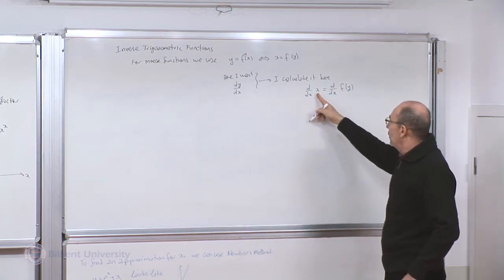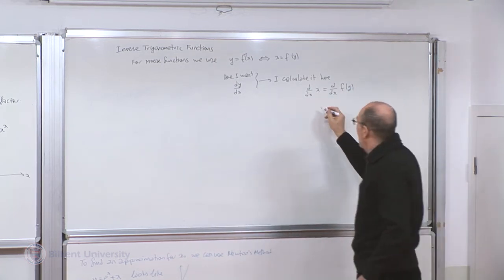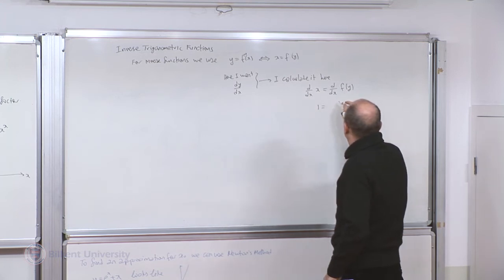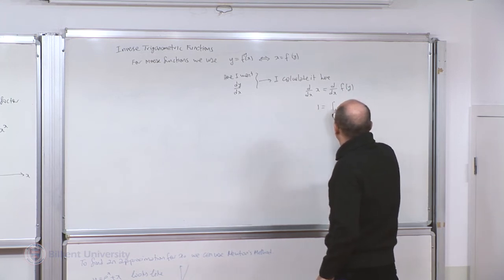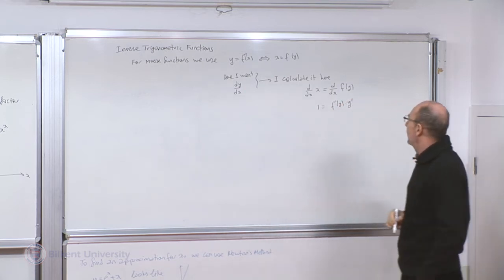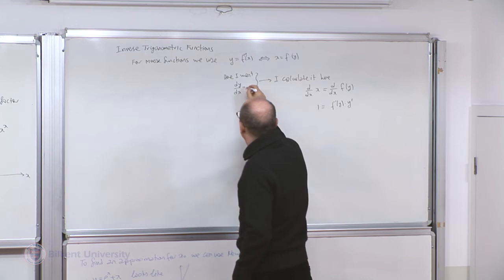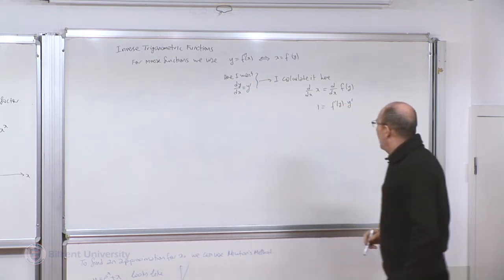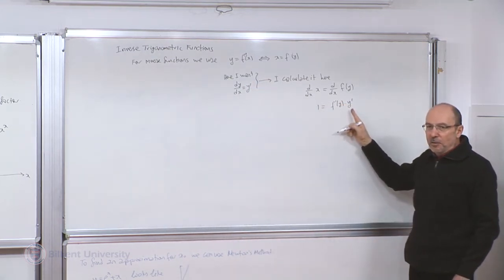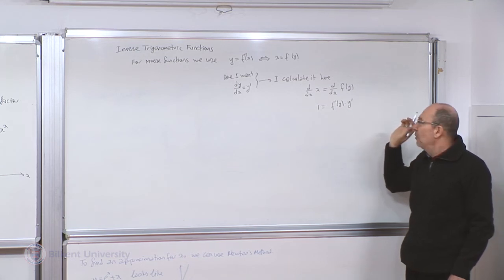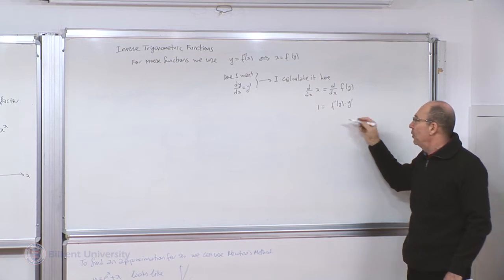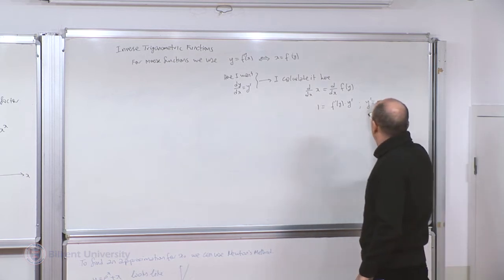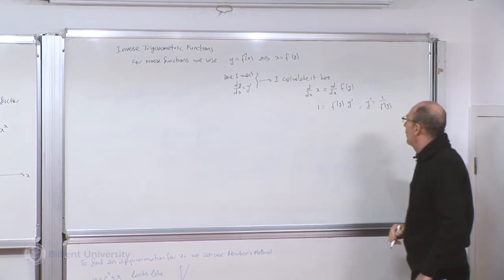The derivative of x with respect to x is 1. Here, the derivative of this using the chain rule is f prime of y times y prime. Now, this is true for every inverse function. So the derivative of the inverse function is equal to 1 over f prime of y.